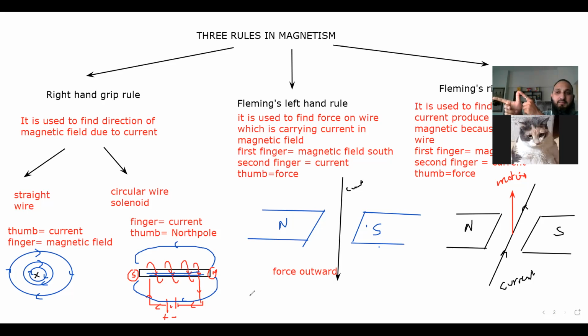So the motion of the wire is upward. The second finger shows the direction of the current, because the second finger is pointing into the page.